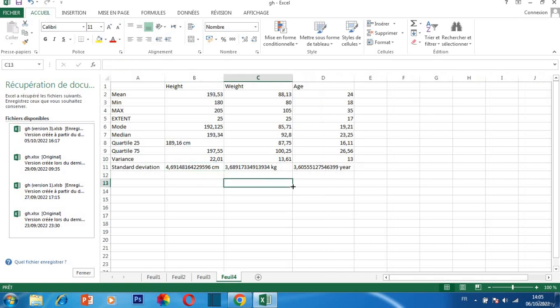For instance, here we have a lot of variations. There's a lot of variance of the values for the mean. Okay, which means there is not a lot of variance between the swimmers in height, weight, and age.